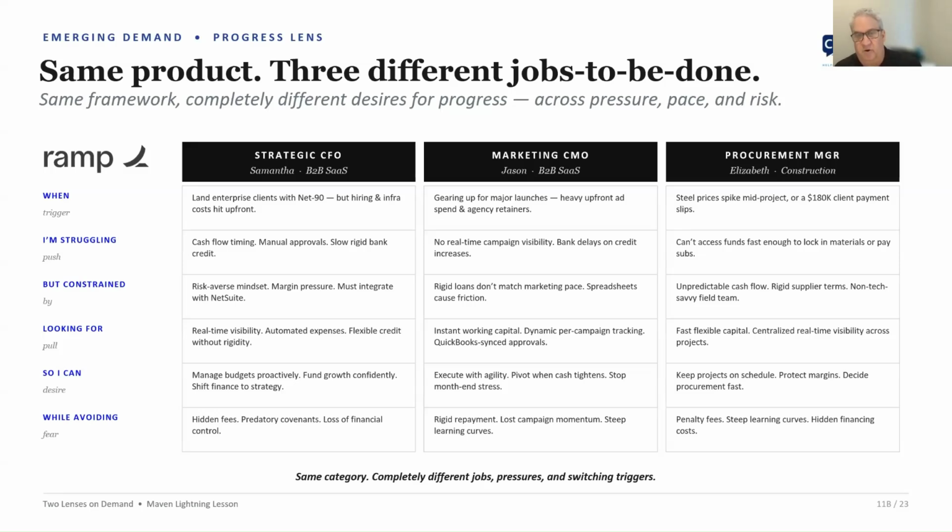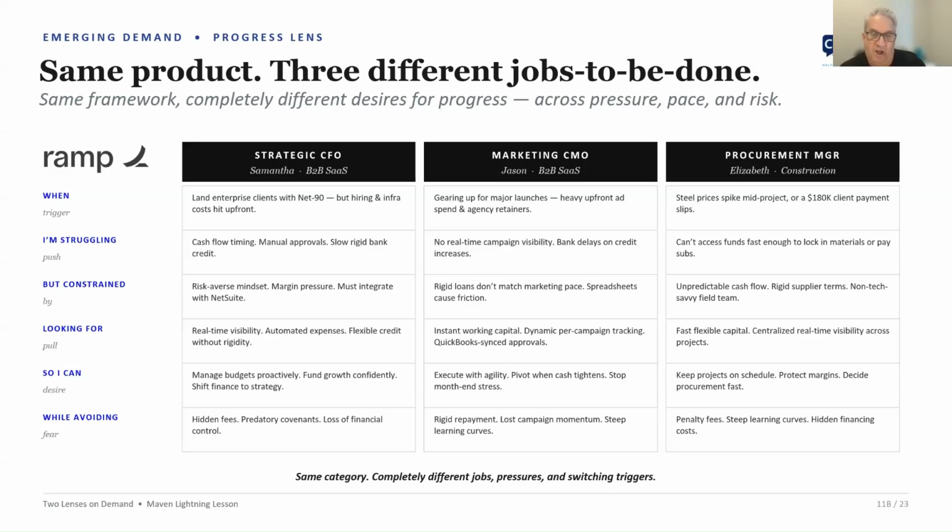And what you begin to uncover really is this notion, and this is core to jobs to be done, this idea that people hire your product to make progress. And what you need to understand is what their job to be done is, what they're hiring your product to do. And what you find is that even though they're all hiring the same product, they're all hiring it for different reasons, for different pressures, for different paces, for different risks, for different outcomes.